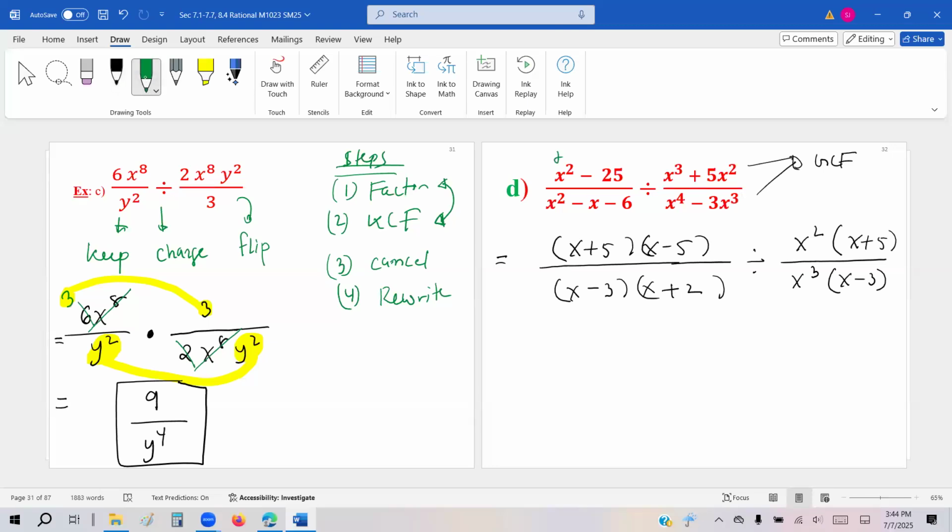So we used difference of perfect squares for the top left. For the right side, both of them are GCF, and the denominator on the left is direct factoring. So we did factoring, and now we keep the left fraction, change this division sign into multiplication, and flip the right fraction.